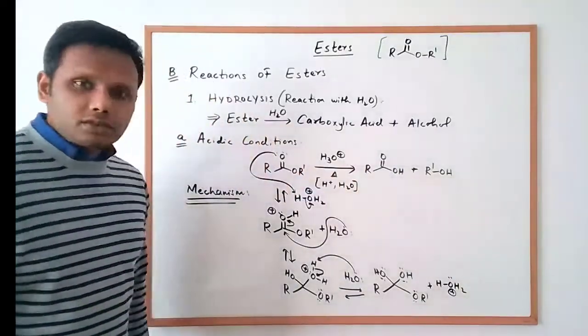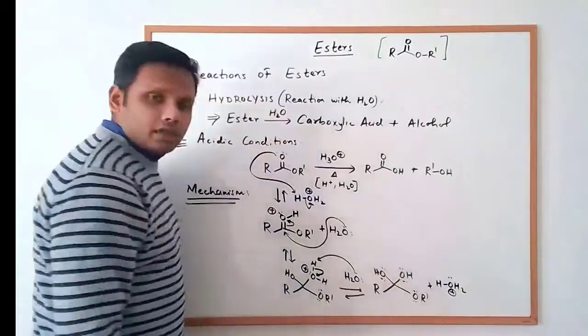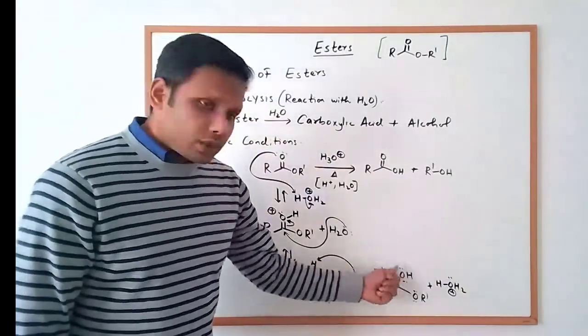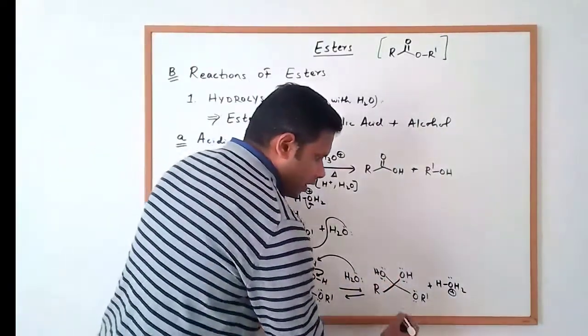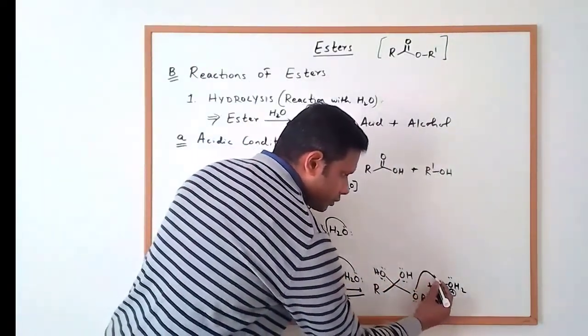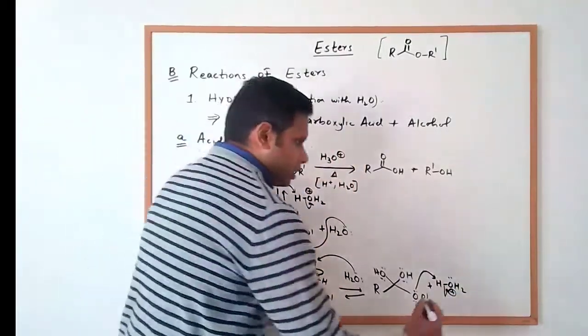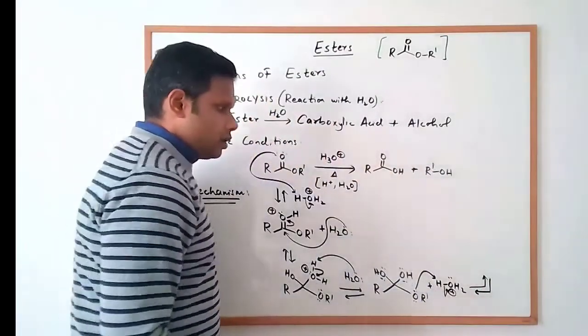So the hydronium ion is regenerated, and now any of these oxygen atoms in this intermediate can get protonated. If the hydroxyls get protonated, they bring us back. But whenever this oxygen, the ester oxygen, gets protonated, that takes us forward in terms of the mechanism of the reaction.